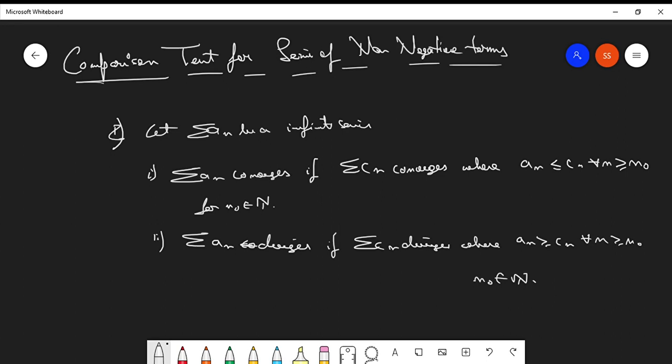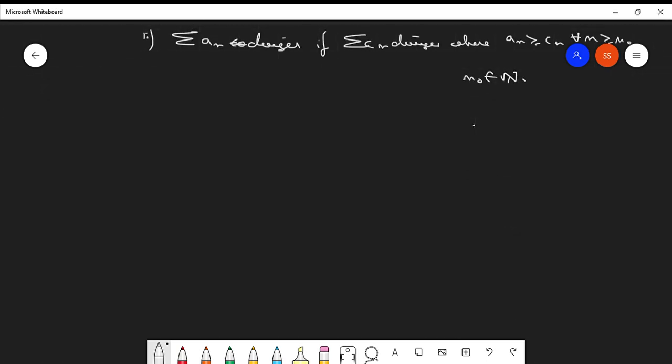Okay, let us take an example. Suppose we have this series, summation n equals 1 to infinity of 1 over n factorial.